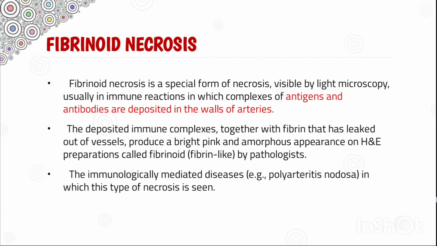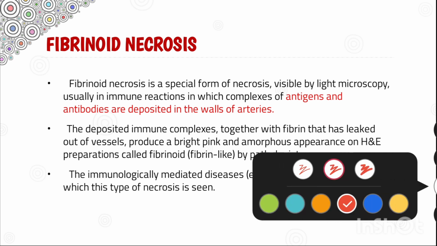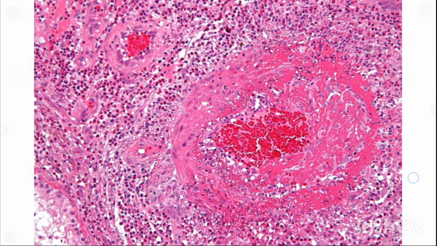Immunologically mediated diseases are examples. That is the condition where this fibrinoid necrosis can be seen. An example is polyarteritis nodosa. Don't forget that. This is the example for fibrinoid necrosis, which occurs in the walls of an artery.